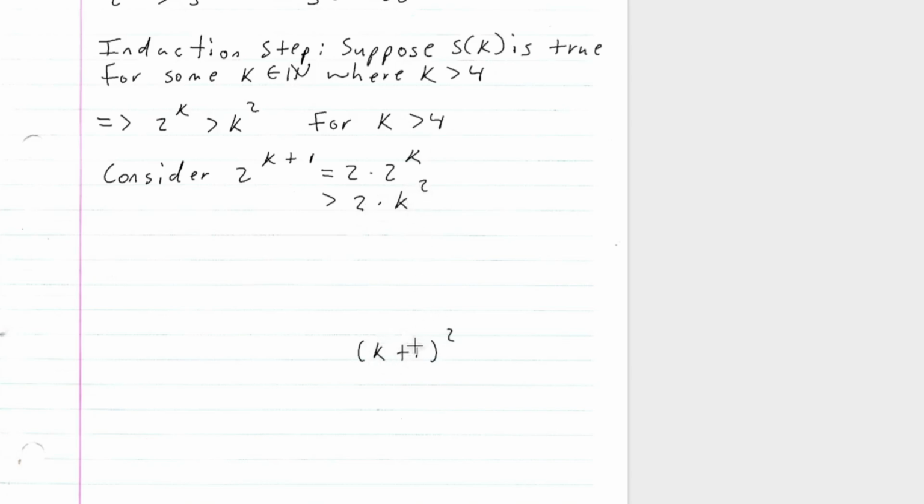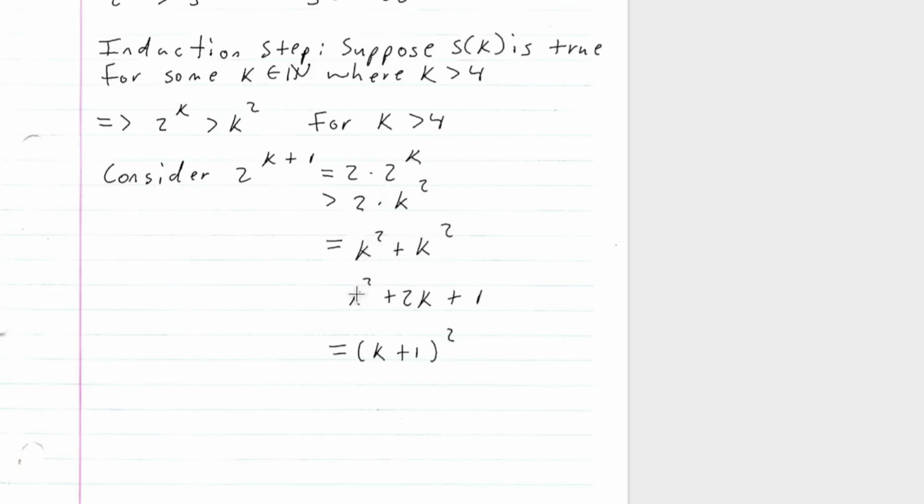Now I'm going to try to connect this with this. I know (k plus 1) squared is the same thing as k squared plus 2k plus 1. Well, I have a k squared by itself, so over here I can write 2k squared as k squared plus k squared.